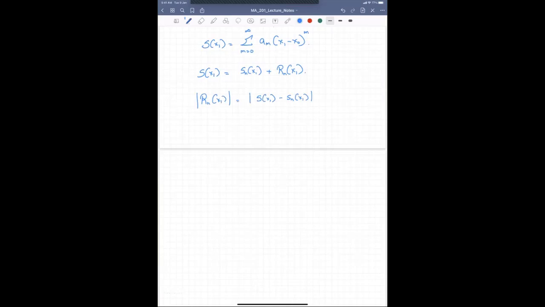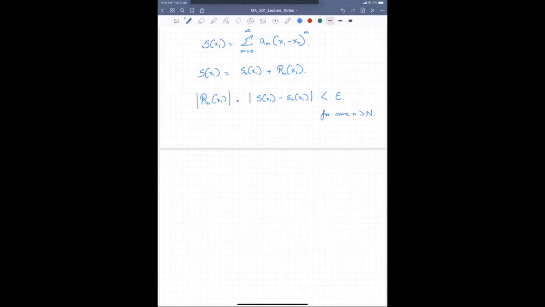And you can choose the value of this remainder to be arbitrarily small, such that it holds for some n greater than capital N. What does this mean? This means exactly what I just told you. If you want the remainder to add up to only 10 to the minus 5, then you have to choose an n accordingly. The point of a convergent series is that such an n always exists. You just have to go further down the line if you want a smaller value of epsilon, but it can always be done.